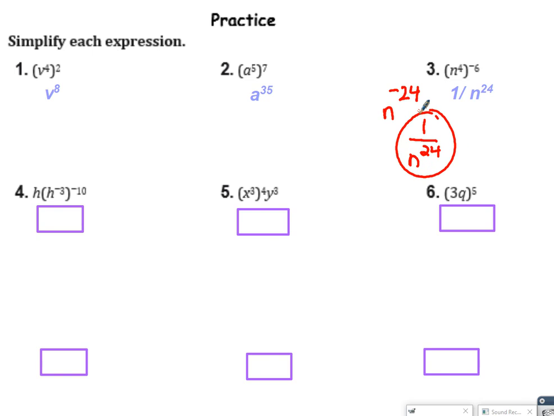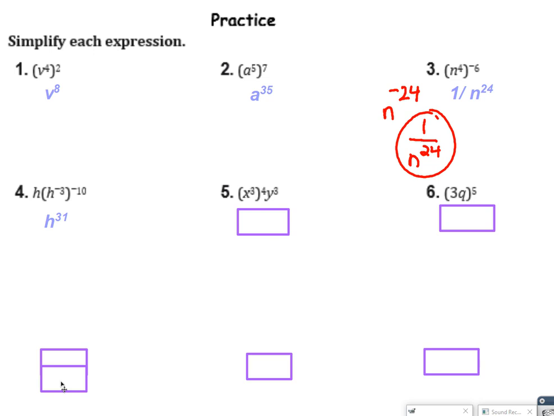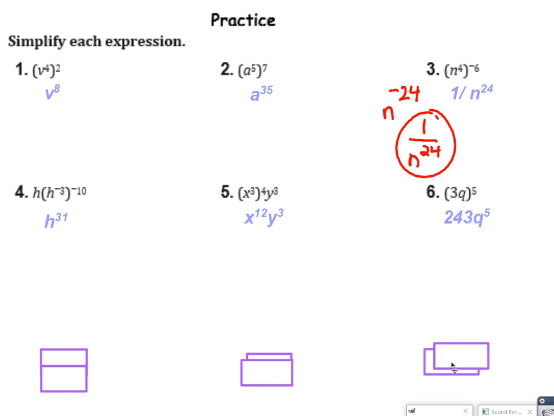4. Looks like h to the 31st power. 5, x to the 12th, y cubed. Do not combine the x and y. They are different variables. 6 is 3 to the 5th, which is 243, q to the 5th.